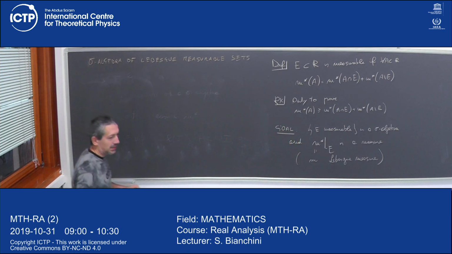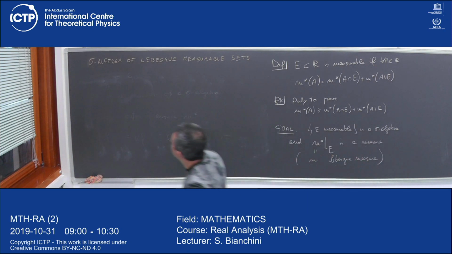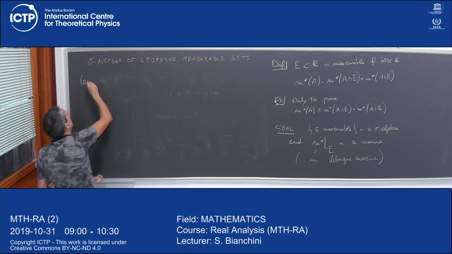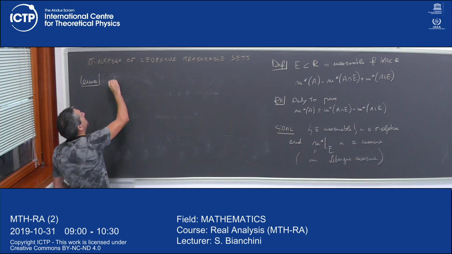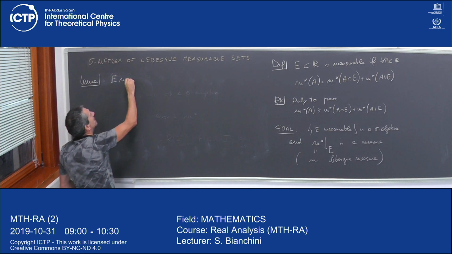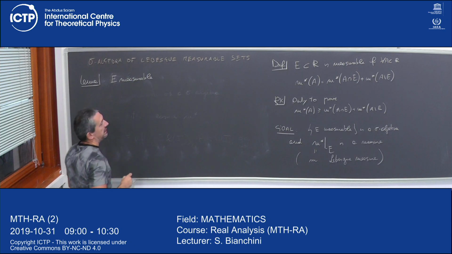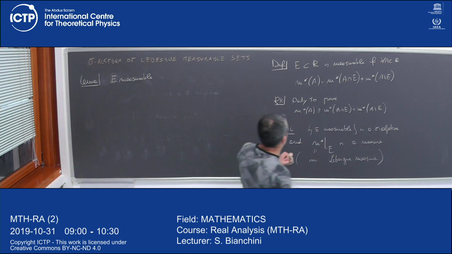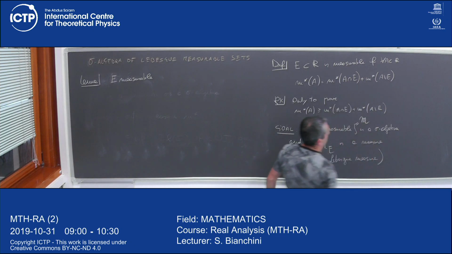Okay, let's start with some easy observation. Lemma: E measurable. So, okay, let's do a definition. Let's say the set of measurable sets, let's call this M. So, I will shorten it.